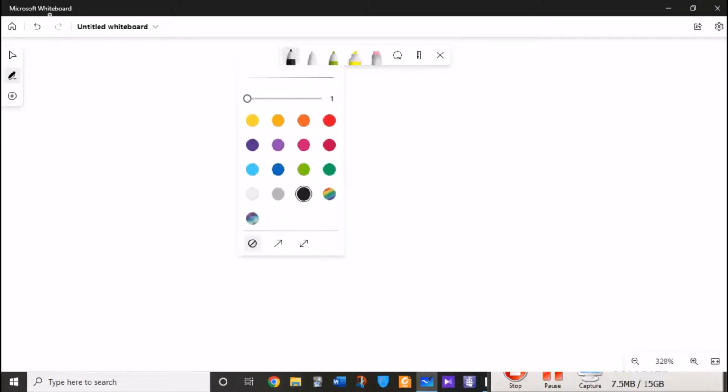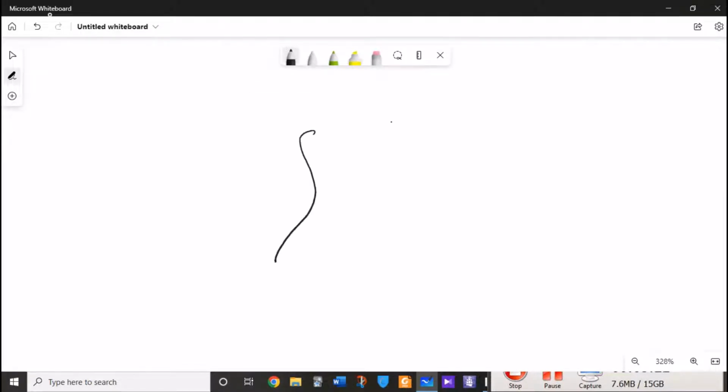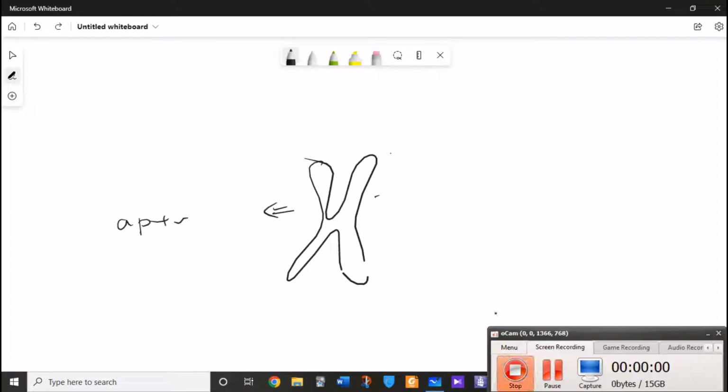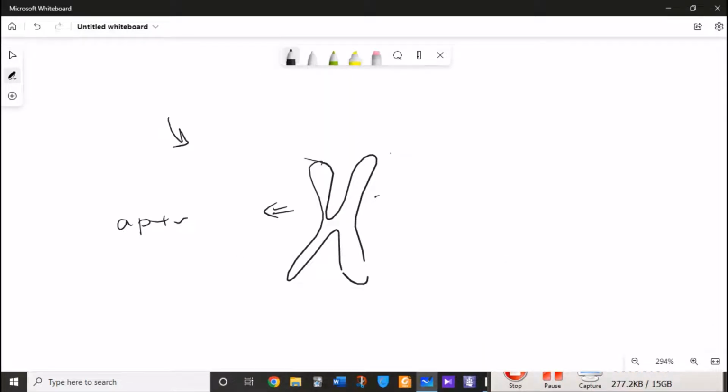In CGH, we have three kinds of DNA material. We have a metaphase spread of a normal male or female. It is preferred to have a female spread because of having two X chromosomes. This spread is originated from a normal female.